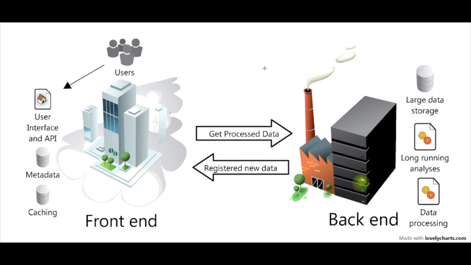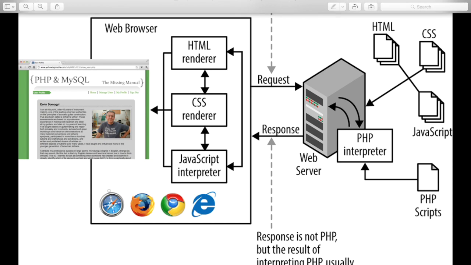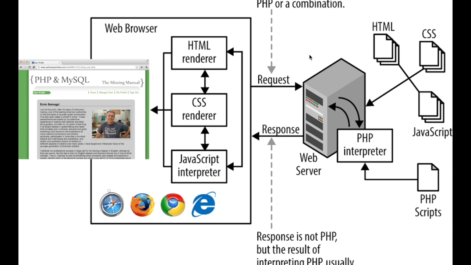So, moving on. Next, a bit more about how this works. When you look at this, it looks intimidating, and yes, at first it is intimidating, but don't let that discourage you, because once you learn it, it's something you're going to love. It starts out with the client, which is the user on a web browser.